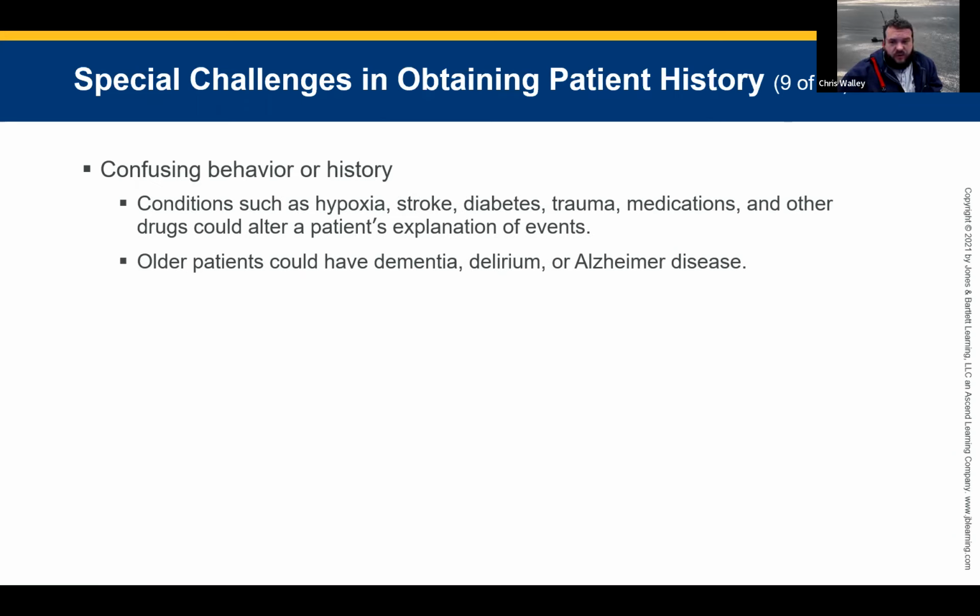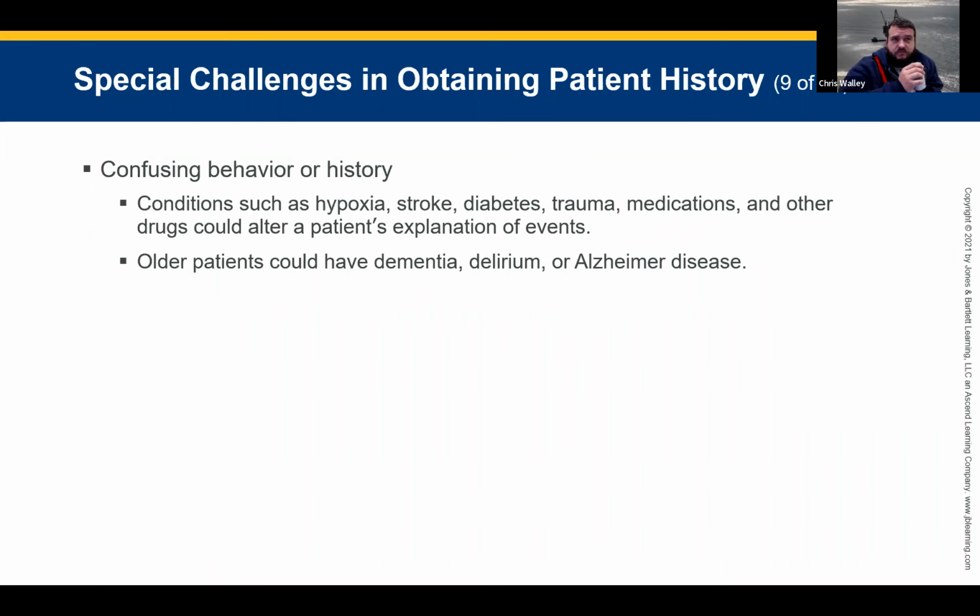Consider behavior or a history. Conditions such as hypoxia, stroke, diabetes, trauma, medication use, and other drug uses could alter a patient's explanation of events. So let's say like a stroke, they just may not remember what happened.